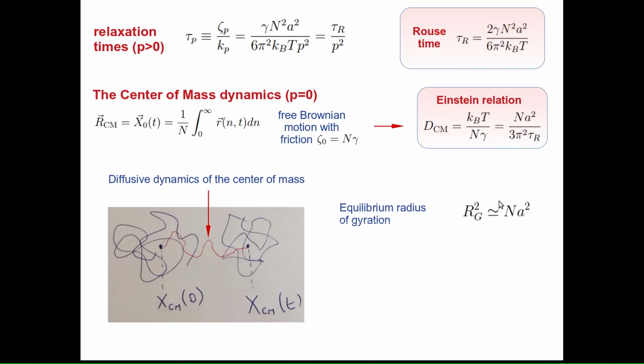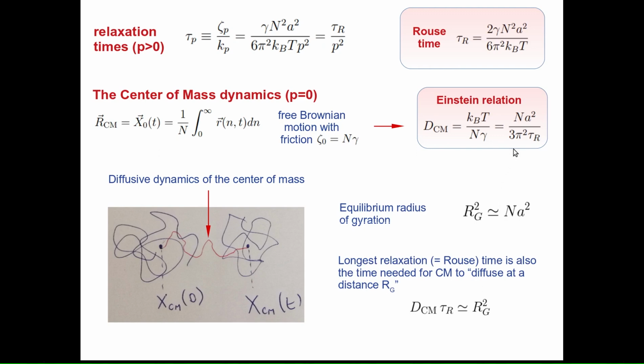Therefore, if we now work this out and take the tau r to the other side, and let's forget about this numerical prefactor, we're interested only in the scaling behavior, not in the prefactor. So what do we find?